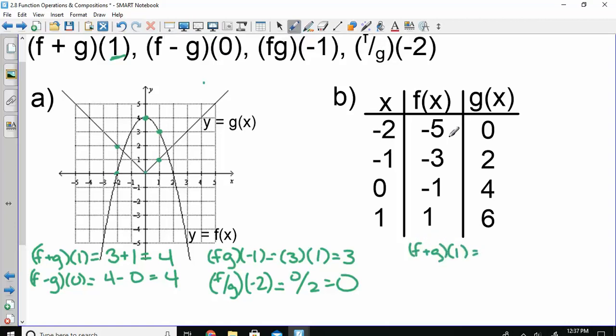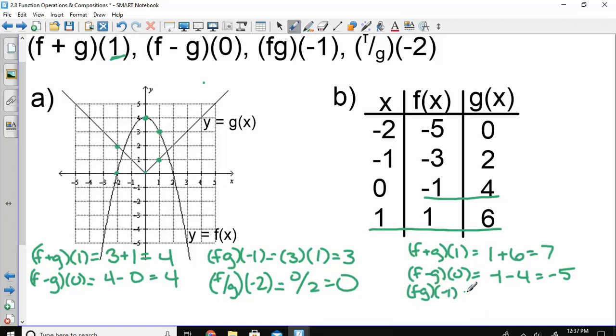So f plus g of 1 says x is 1. So at that point f is 1, g is 6, and we get 7. F minus g of 0. So f is negative 1 minus g is 4. We get negative 5.